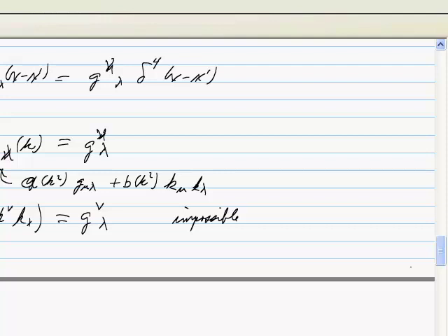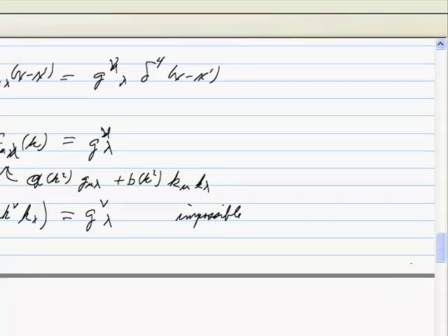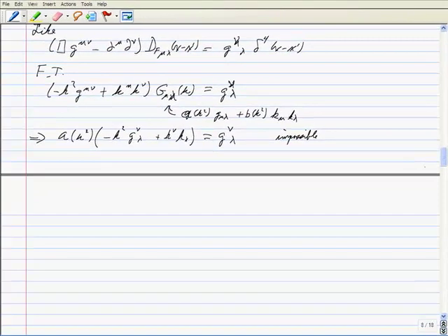Remember how one does this: you Fourier transform both sides, so this has an exponential, and this g of k squared. The exponential's been factored out. Okay, let's go back and do it then.